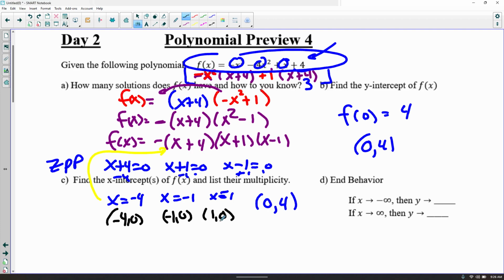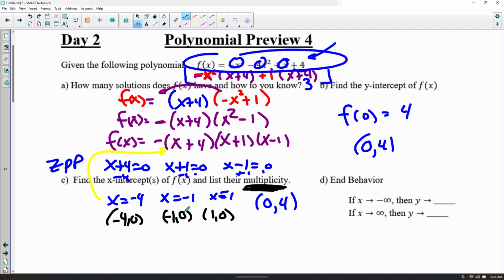And then you look for what? Look for multiplicities. Are there any multiplicities?